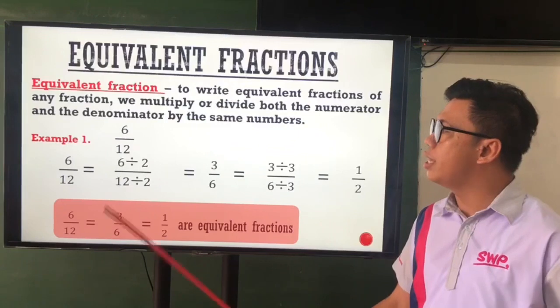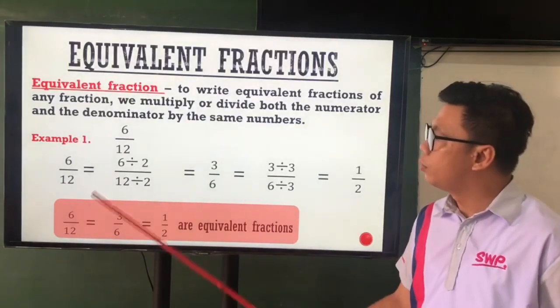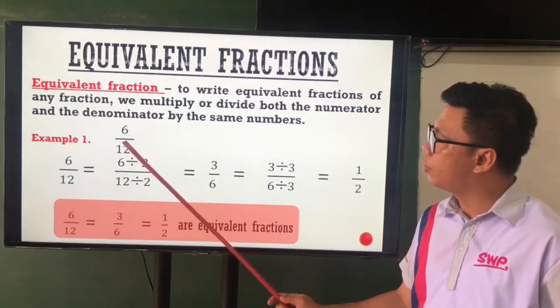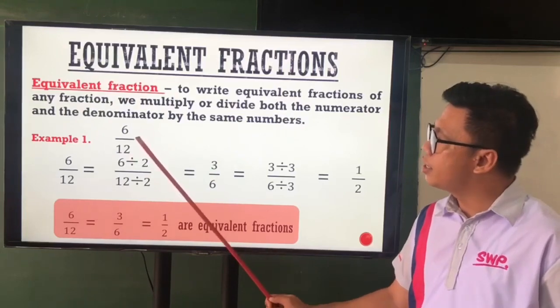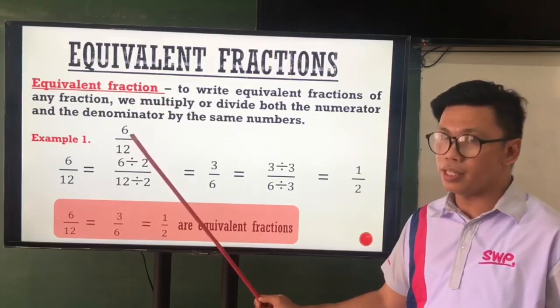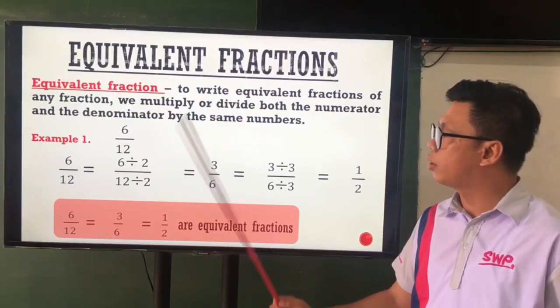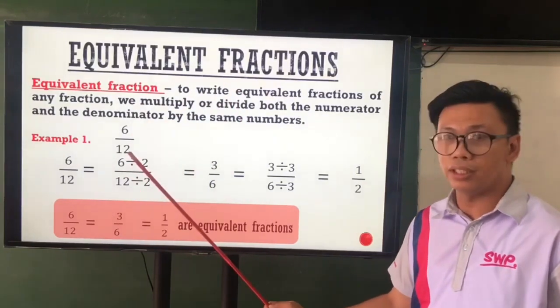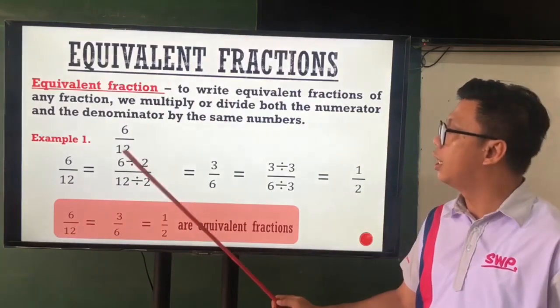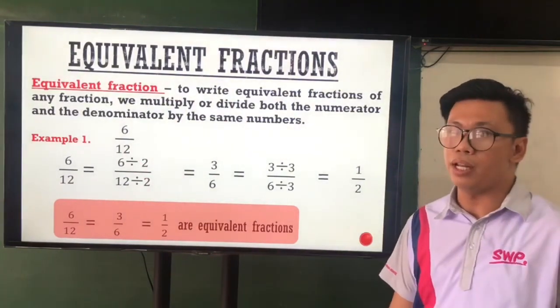So we have here example number 1. We have 6 over 12. This number 6, what is it? Very good, that is our numerator. And the number 12, what is it? Very good, that is our denominator.